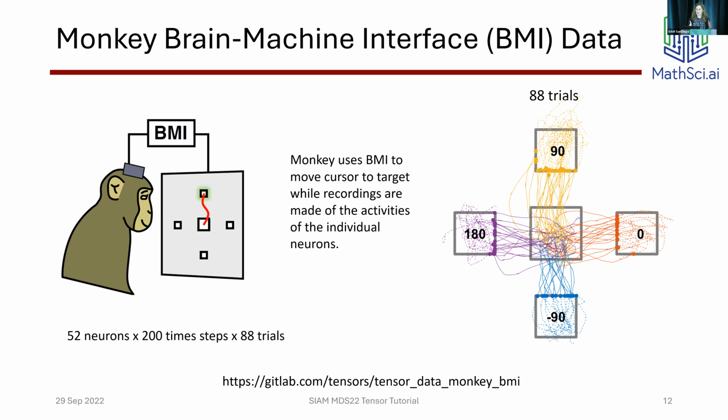We've time warped it, so it takes the same time for everyone. And then the second 100, it's actually holding it at the target because it has to hold it there to get the reward. And this is over 88 trials and spread out over 4 different targets. This is actually the real traces of the movements that the cursor made. But what you're going to have is the neurons and basically how much they activated at each step, and then the 88 trials. And there's a lot more about this data and how it was processed at the website listed there.